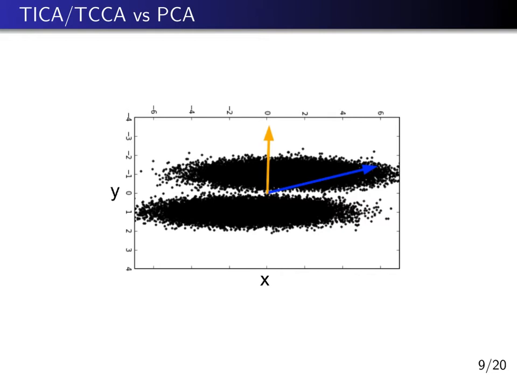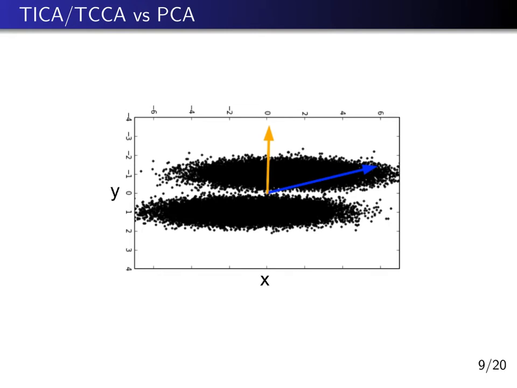So principal component analysis finds the blue arrow as the first principal component because this is the direction of maximum variance of the entire data. And if we project on this blue direction, then of course the two states that produce these separate Gaussian densities will be completely smashed together. So you will not be able to distinguish the two density modes in this projection.